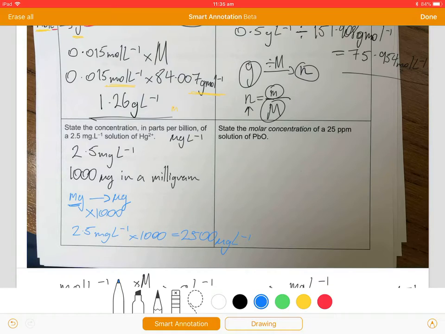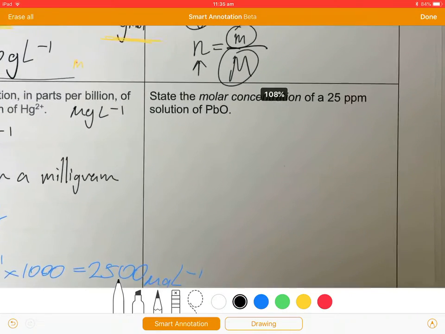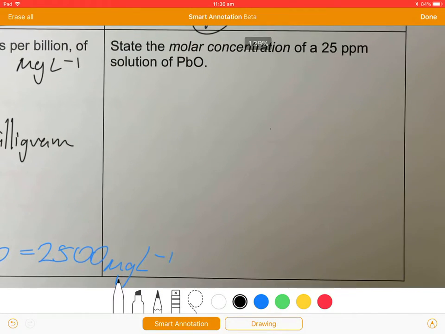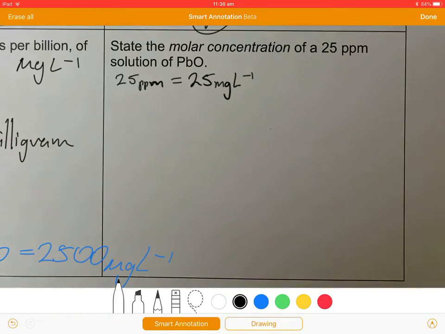And then for this last one up here, state the molar concentration of a 25 parts per million solution of lead oxide. So we've got 25 ppm. Parts per million is equal to 25 milligrams per litre.